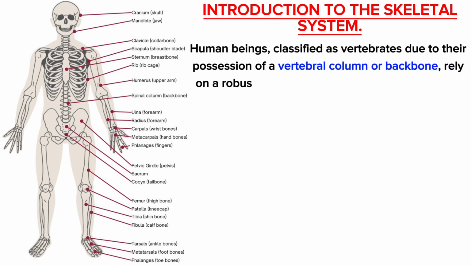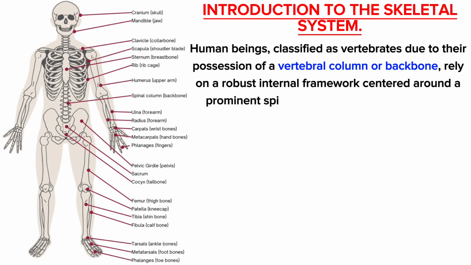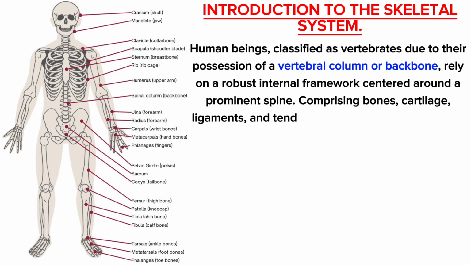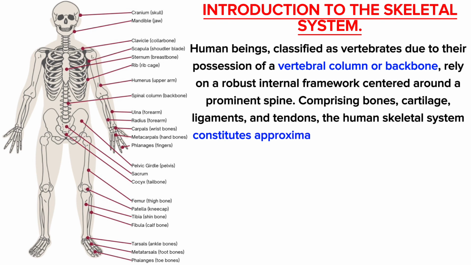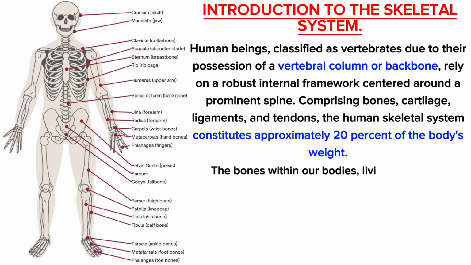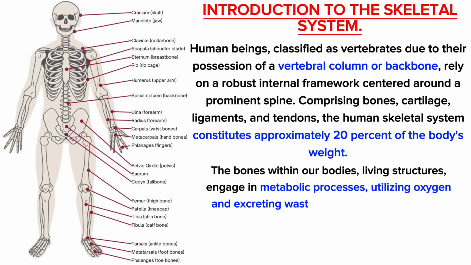a robust internal framework centered around the prominent spine, comprising bones, cartilage, ligaments, and tendons. The human skeletal system constitutes approximately 20% of the body's weight. The bones within our bodies, living structures, engage in metabolic processes, utilizing oxygen and excreting waste products.